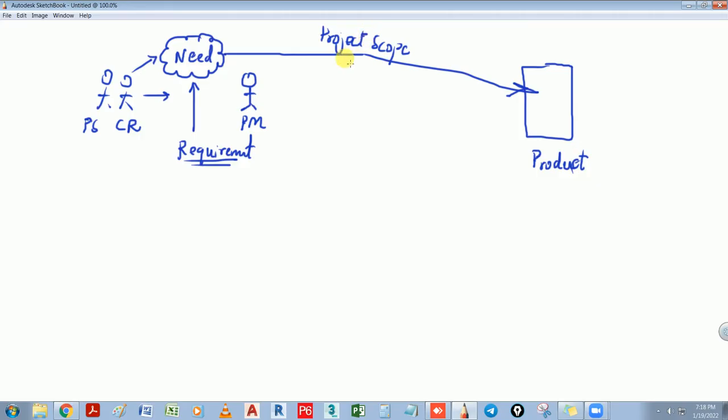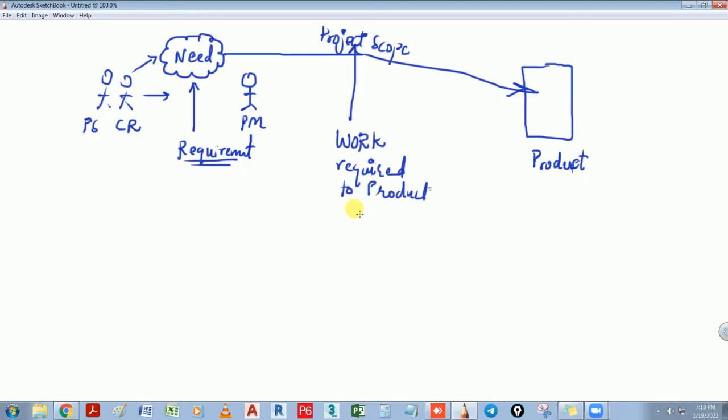Sure, this need, or let's say vision or requirement, cannot be turned into a product without doing some work. So can I say the project scope is the work required to produce the product?